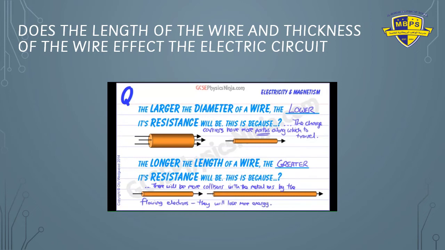Okay, the larger the diameter of a wire, the lower its resistance, but the longer the length of a wire, the greater its resistance, because there'll be more collisions. If you double the length, you've got double the amount of collisions.